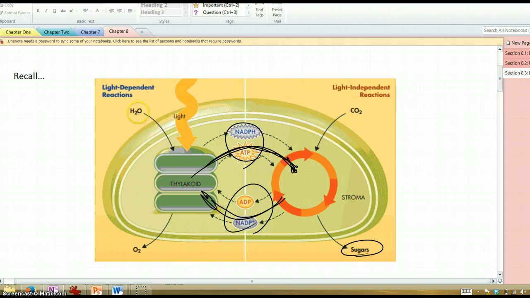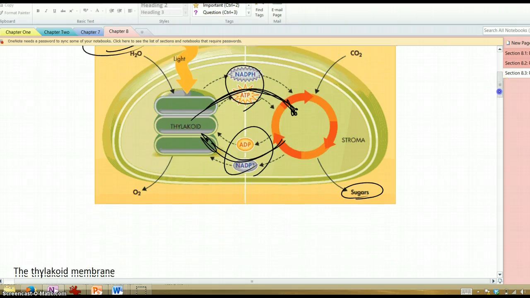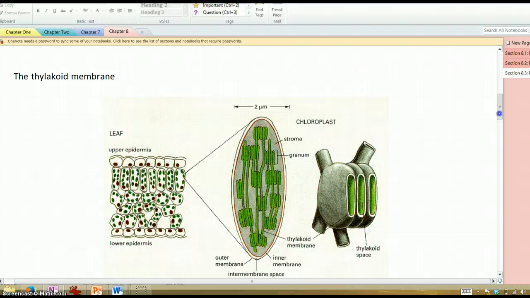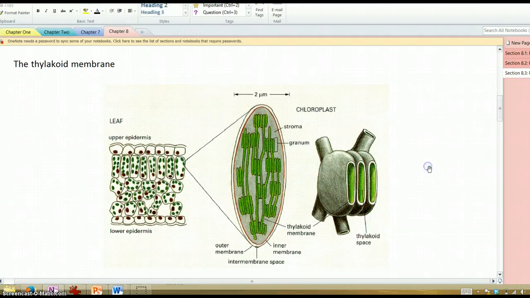All right, so now let's focus on this side, the light-dependent reactions, the ones that need sunlight in order to operate. So this is all happening on the thylakoid membrane inside the chloroplast, this complex membrane. Again, each of these mesophyll cells, the ones inside the leaf that do the photosynthesis, are packed full of chloroplasts.